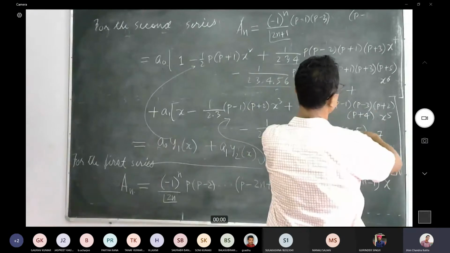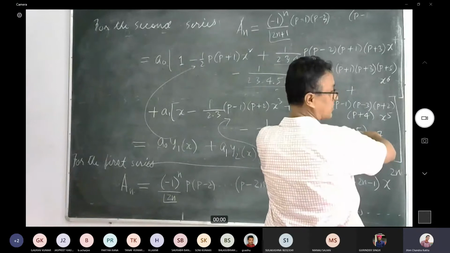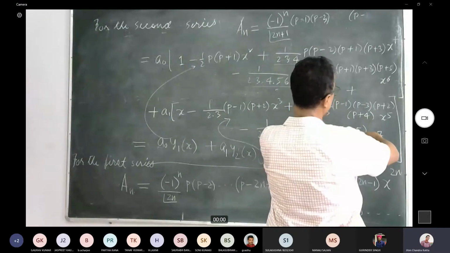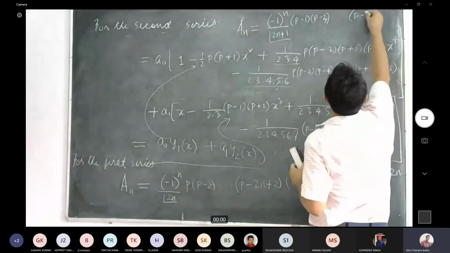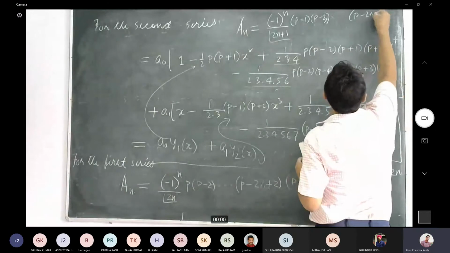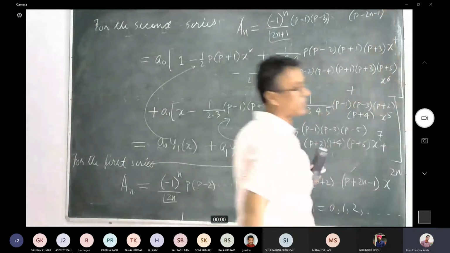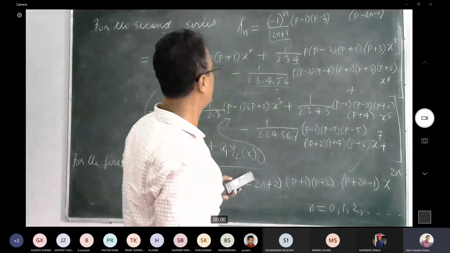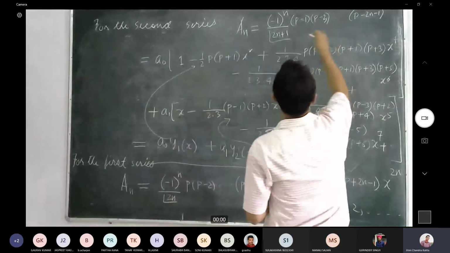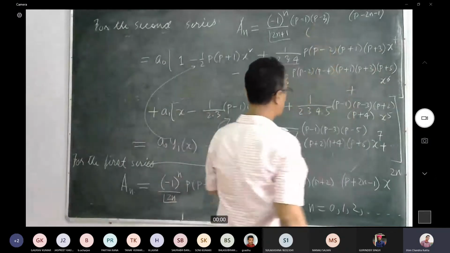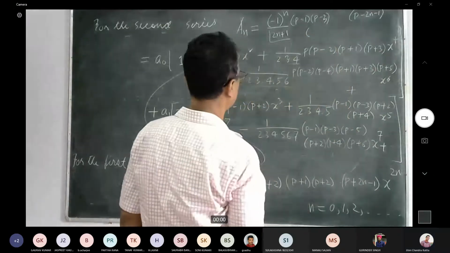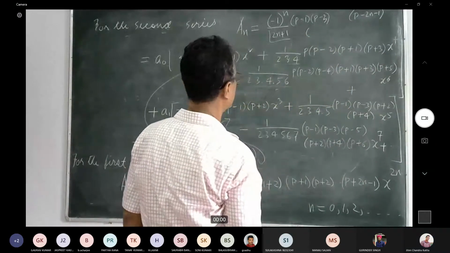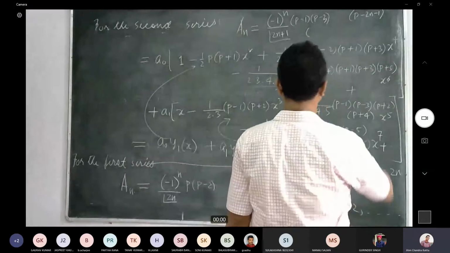So this 5 is also going to be 2n, so basically it is 2n minus 1. And this part is going to be up to 2n.